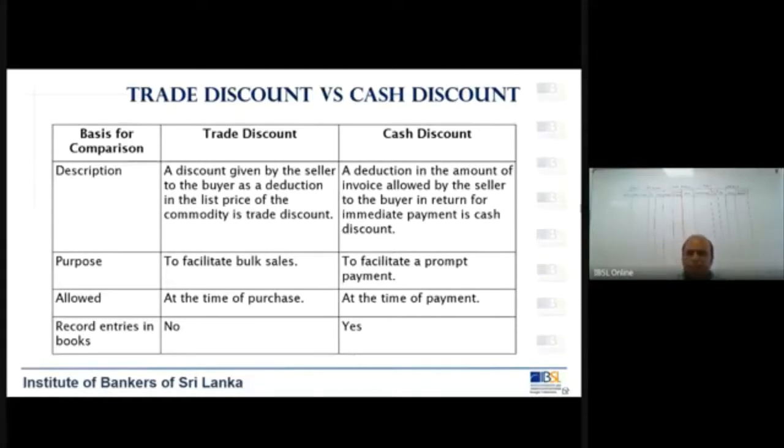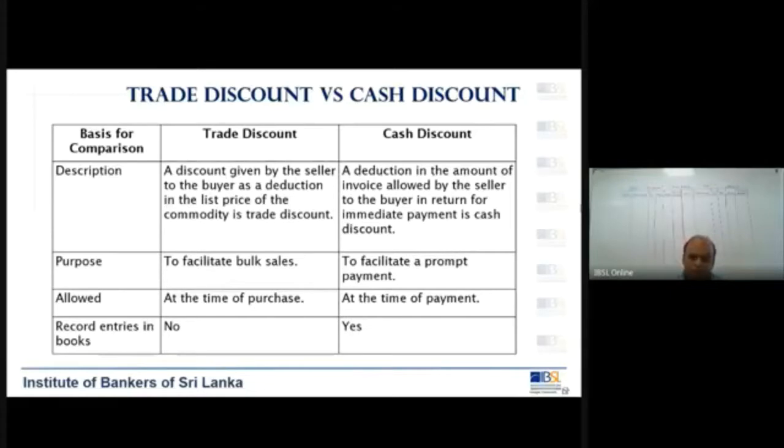So why is a trade discount given? Trade discounts are normally given to encourage buyers to go for bulk purchases. But cash discounts are totally different. That I will explain in a little while. So trade discounts, when are they offered? At the time of purchasing the product.